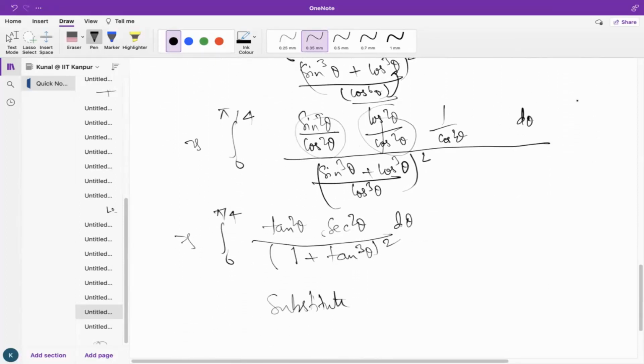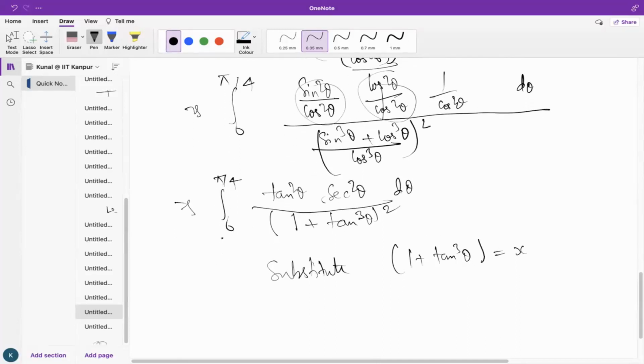And now you have to substitute 1 plus tan cube theta as some x. Again, you have to notice that in this integrand the limit varies from 0 to pi by 4. Now I substitute x is equal to 1 plus tan cube theta, which means I'm going to integrate this function in terms of x, so the limits also vary.